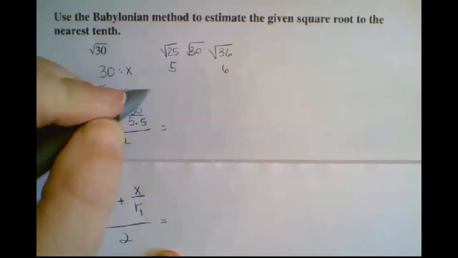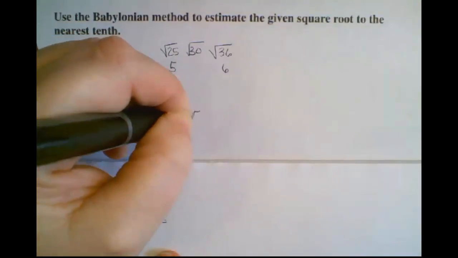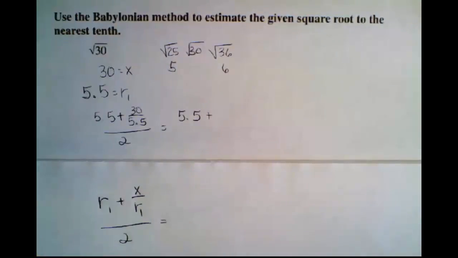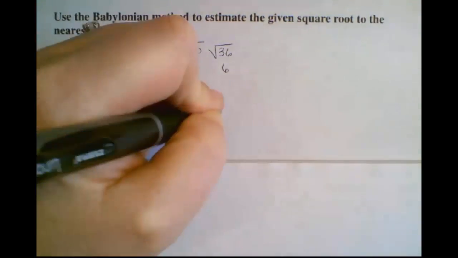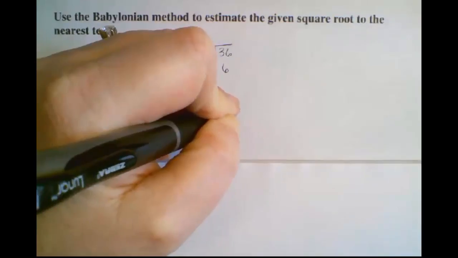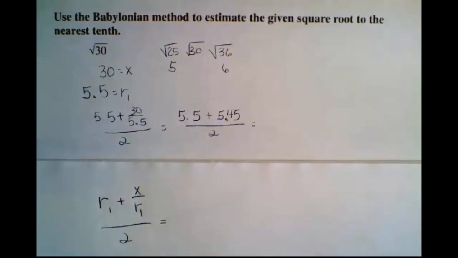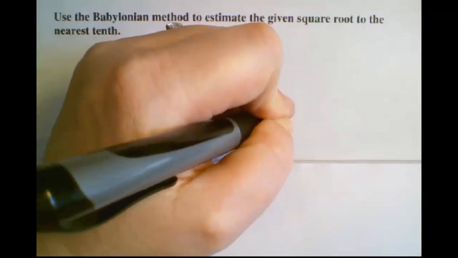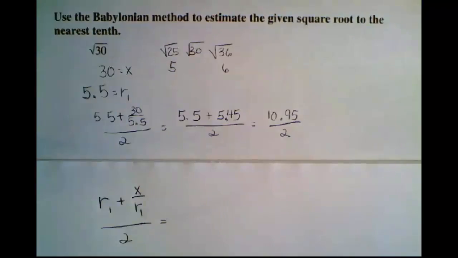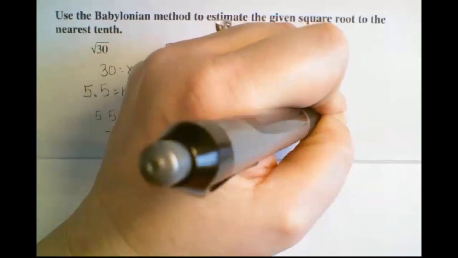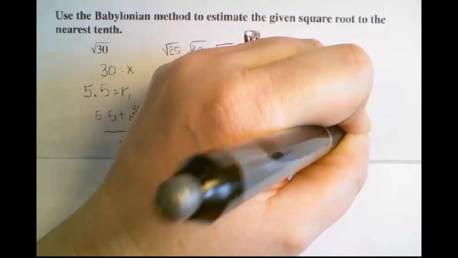Let's get our calculator: 30 divided by 5.5 is 5.45. So now we have 5.5 plus 5.45 is 10.95 over 2, and we get 5.475.